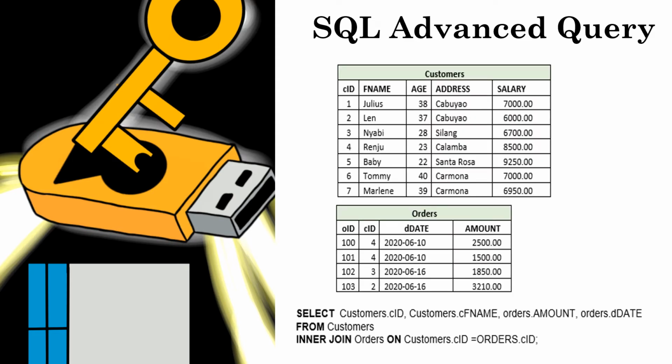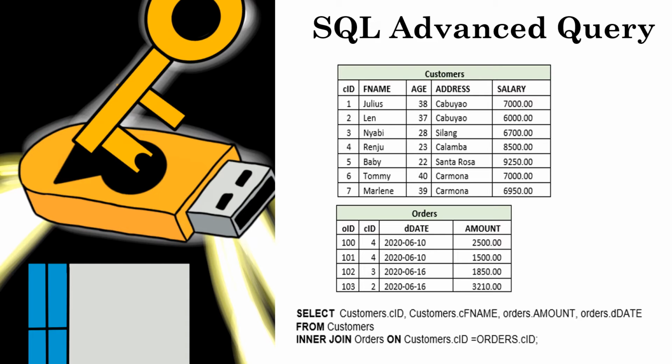Considering these two tables of customers and orders, for customers we have the CID, the FName, the age, the address, and the salary. For the orders table, we have the OID, the CID, the date, and the amount. So we use this query: select customer.CID, customer.FName, orders.amount, orders.date from customers inner join orders on customer.CID is equal to orders.CID.